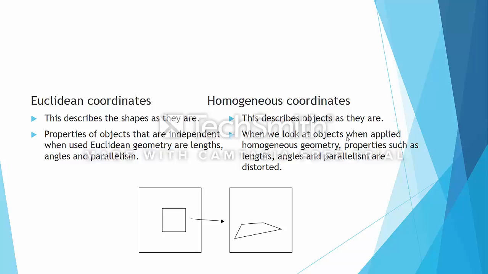A few properties of Euclidean coordinate systems such as length, angle and parallelism remain unchanged. In the homogeneous coordinate system, the length, angle and parallelism become distorted when we look at objects. Mathematical models for how images of the 3D world are formed.